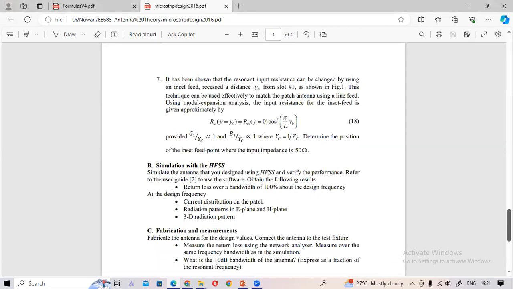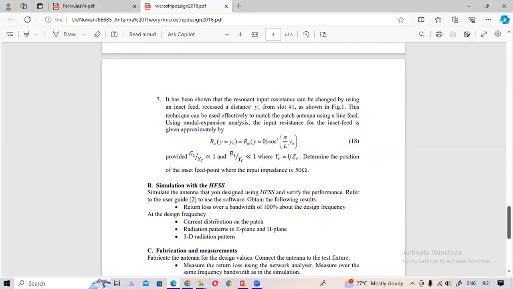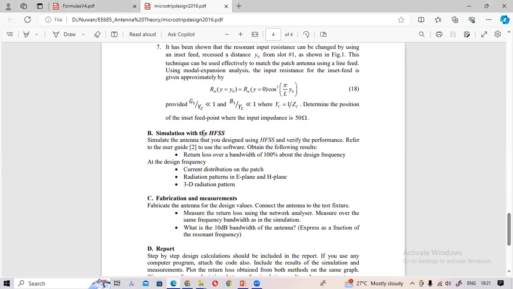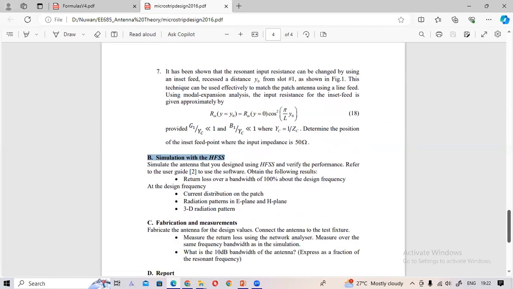This HFSS simulation, you can submit later. But this design you have to do first, then you can do the HFSS design. I will tell you how to do the HFSS design. It is not much difficult, it is easy actually.